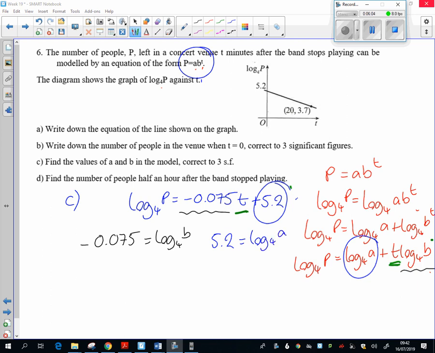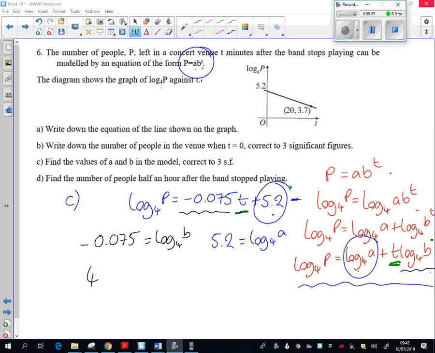Okay, that's a really common thing to do in a linearizing question. It's really important that you can see what's going on there, that we've got the equation of a straight line from the graph, we've got the equation of a straight line from linearizing the exponential, and then we're just looking for the gradient and the intercept.